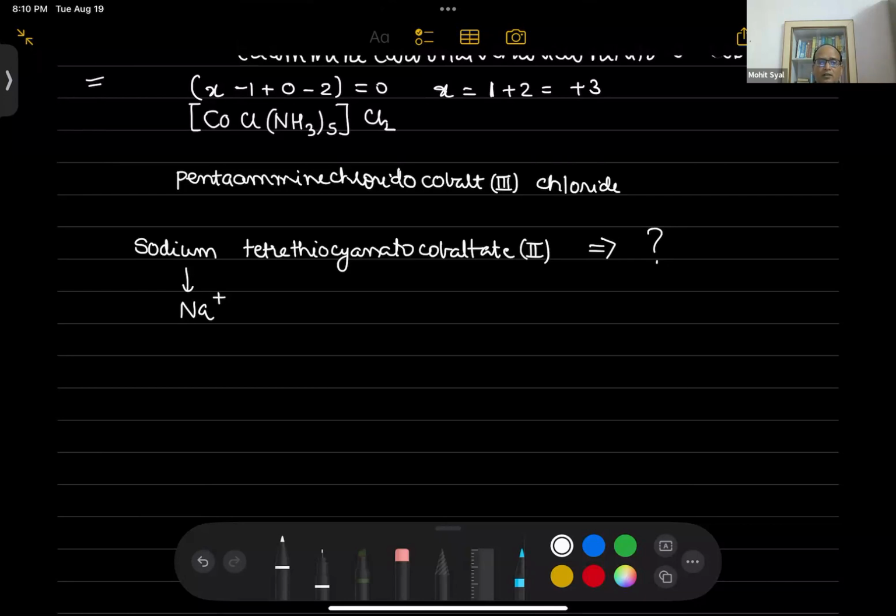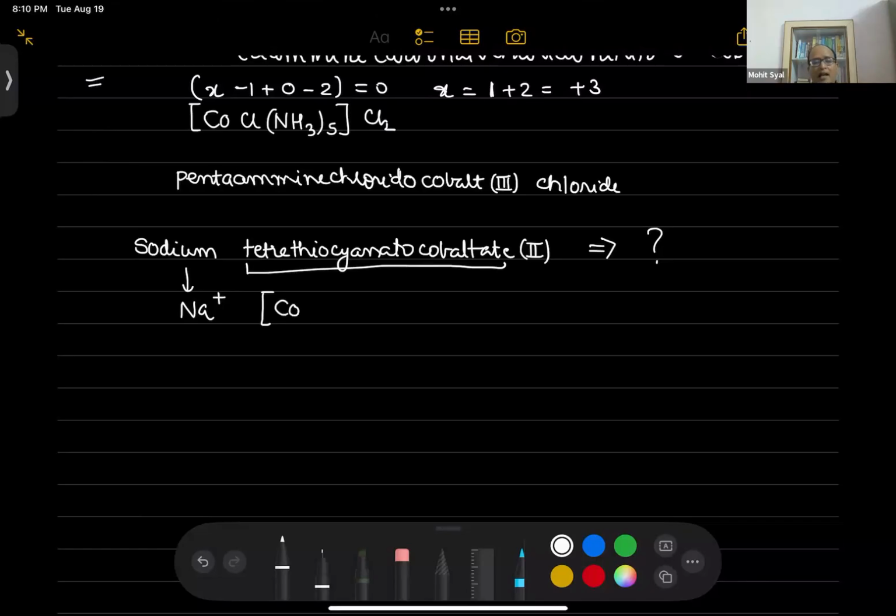So how are we going to do it? We are going to put this whole thing in the square bracket, and we need to write the cobalt first, metals first, when writing the formula.